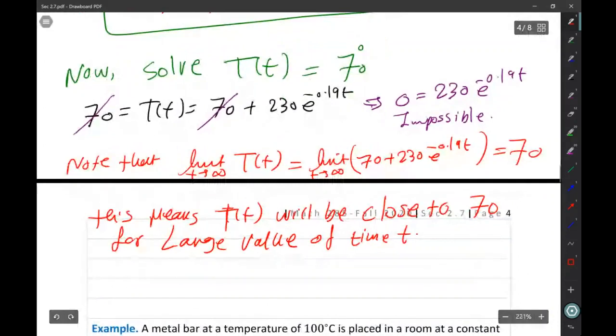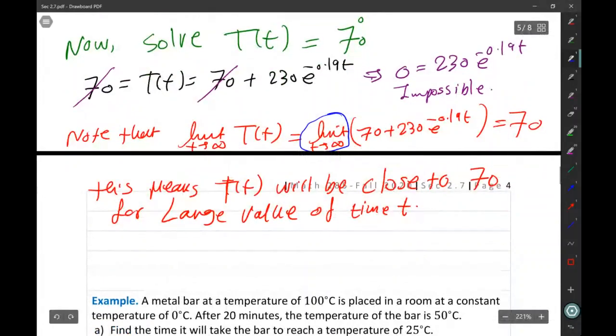When I talk about the limit, it means the limit when t goes to infinity, which means that when the time becomes very large, then the temperature becomes 70 degrees.